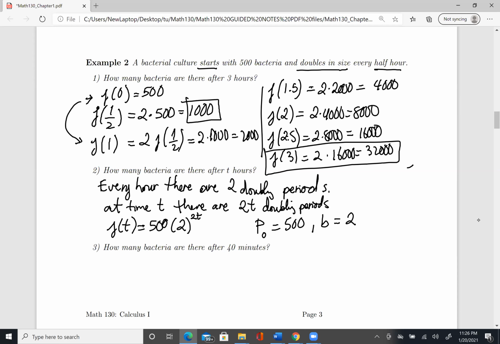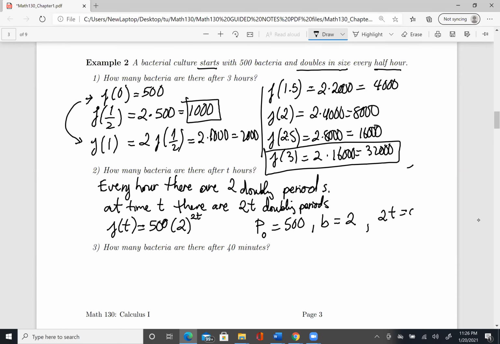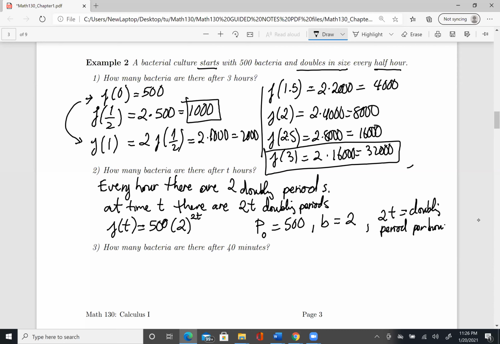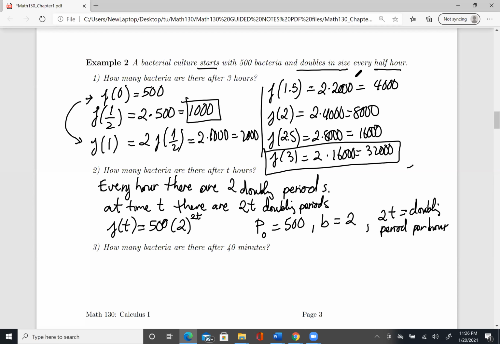And we have the periods as 2t, which is doubling the period per hour. So per hour, we're doubling the period.